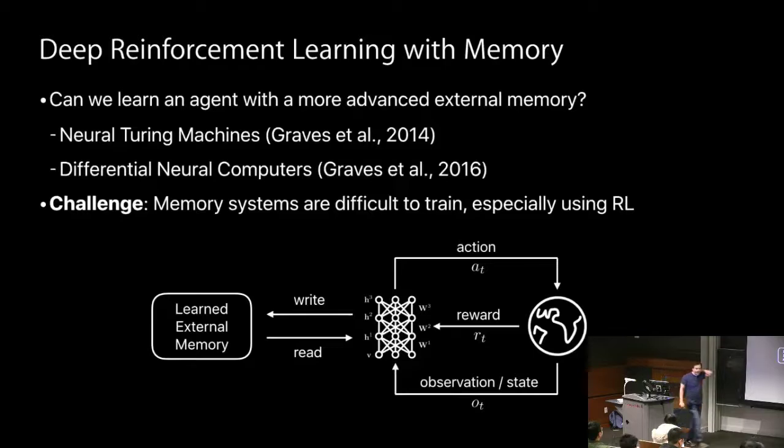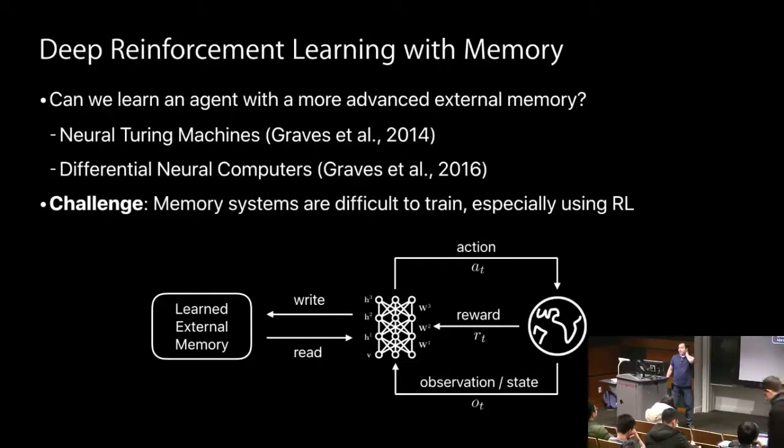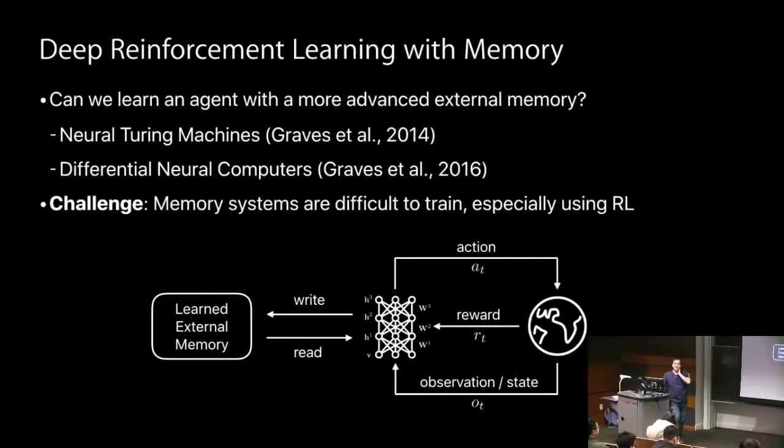One of the key challenges, which still is the case, is that memory systems are very difficult to train, especially using reinforcement learning objectives, which are very noisy, unstable, and so forth. I'm going to show you some examples of trying to solve this problem, but it still remains very challenging. Now, why is memory challenging?